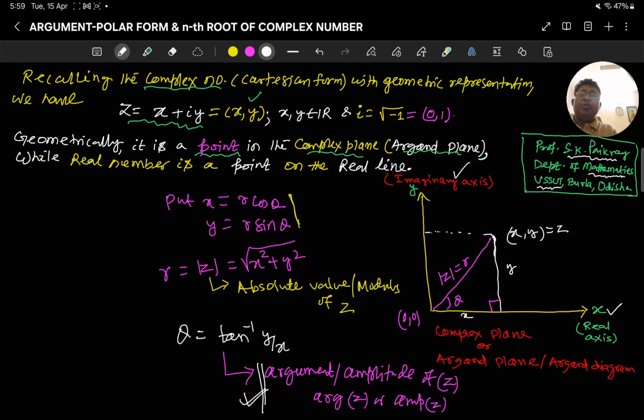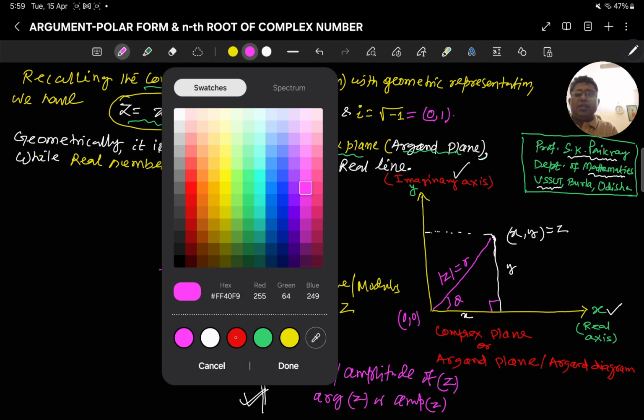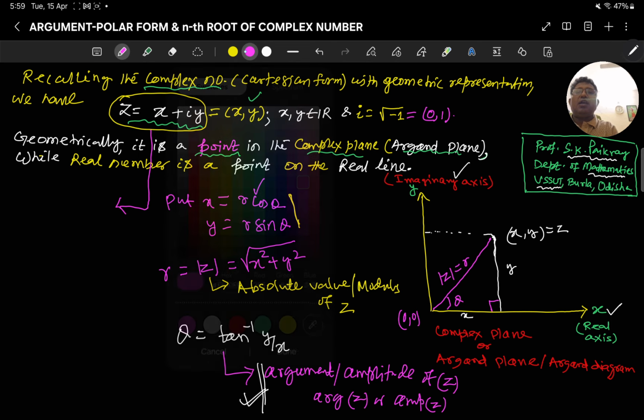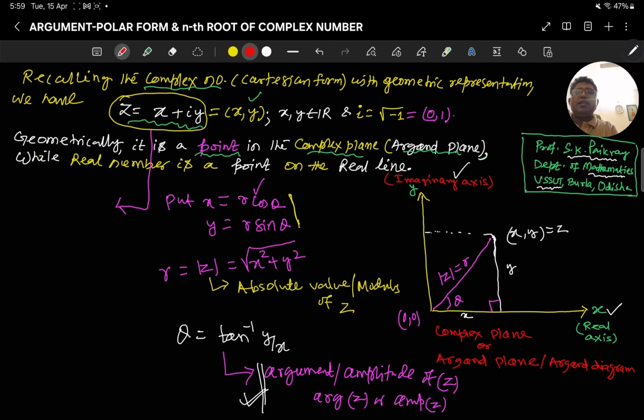So in view of this, my complex number can now be written as follows. Here x is r cos theta and y is r sin theta.